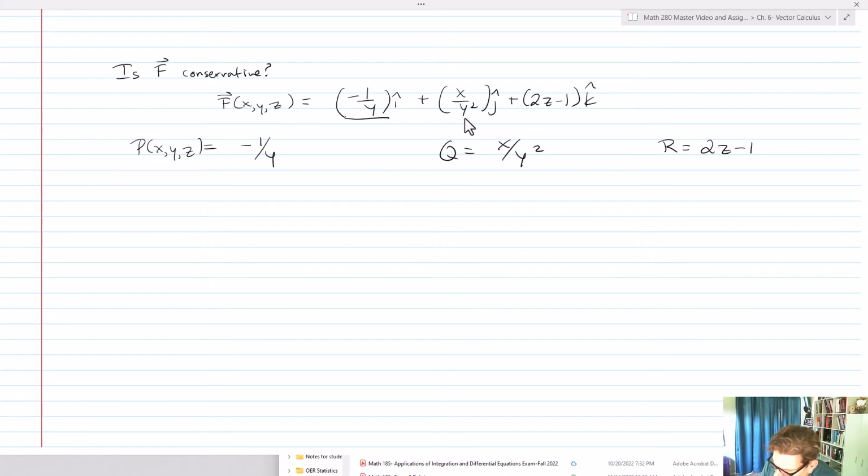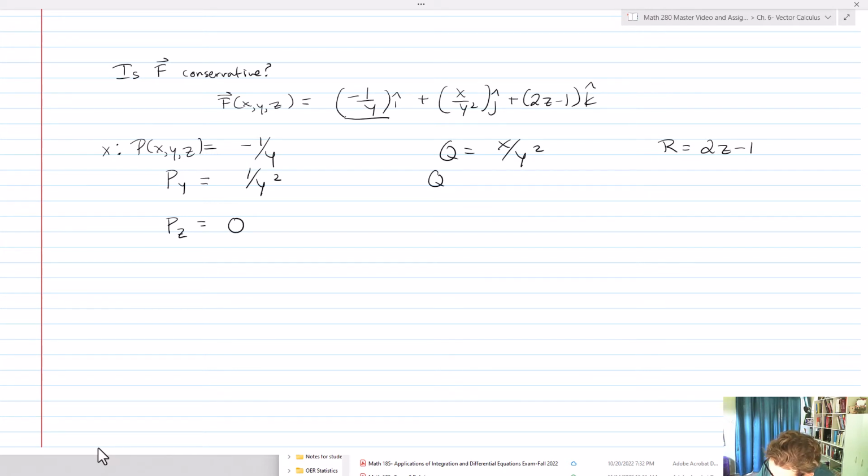Now, since p is our x component, we're going to need to find p_y and p_z. So p_y is the derivative of negative 1 over y with respect to y, and that gives me 1 over y squared. And p_z, since there are no z's, is just going to equal 0. Now we go to q.